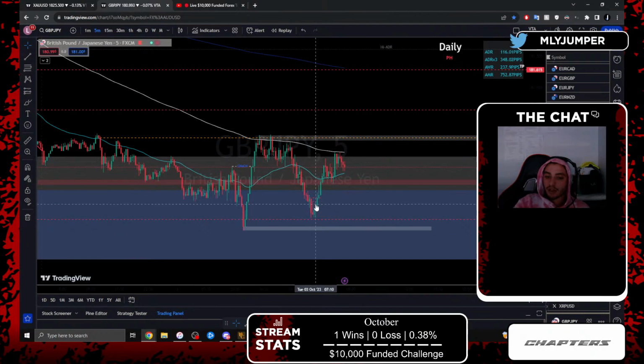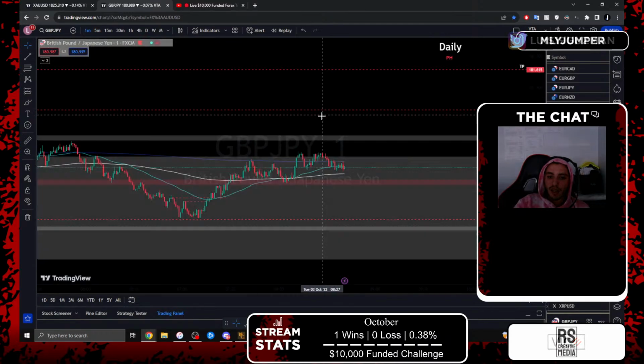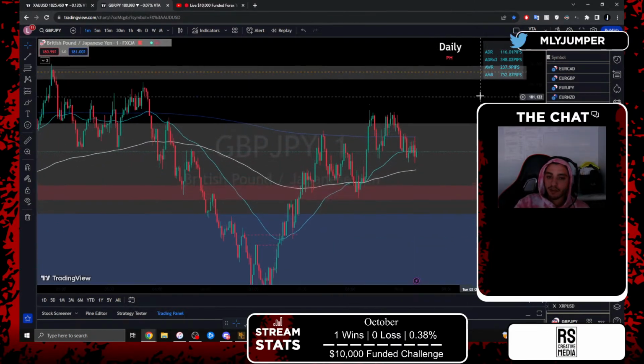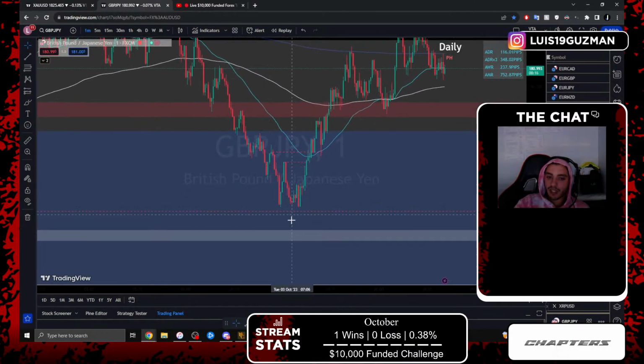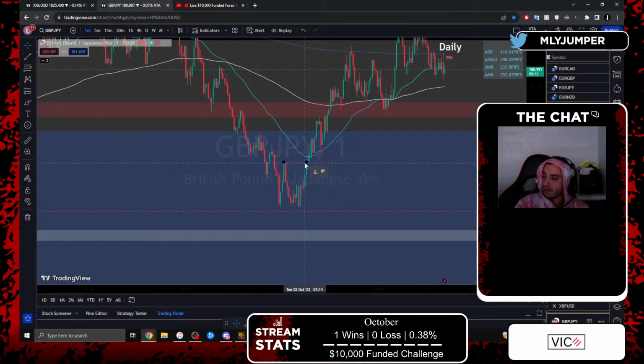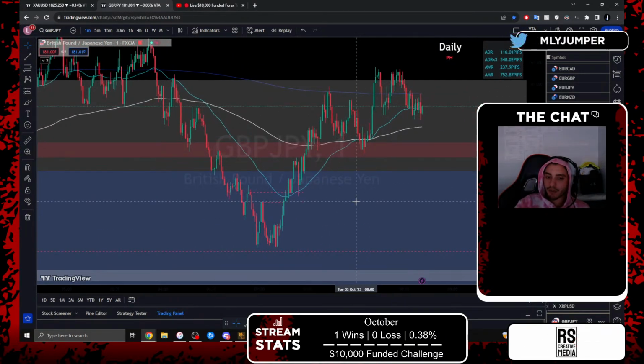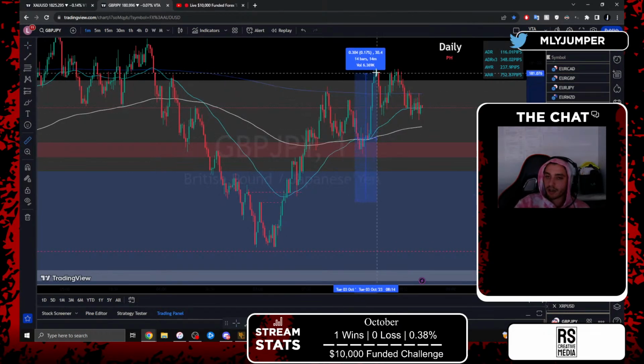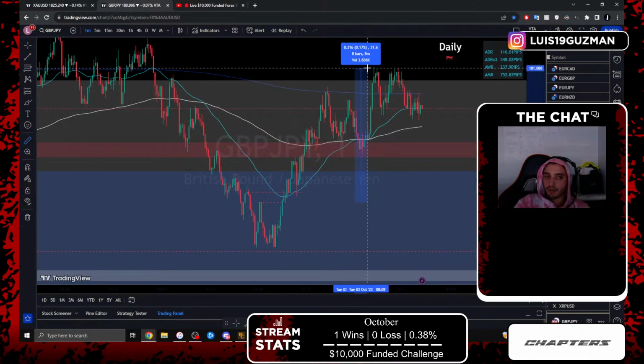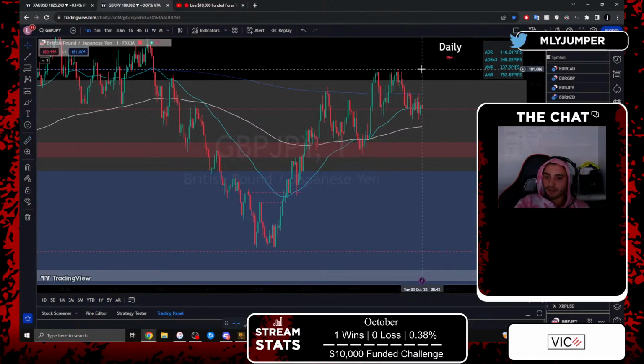If price would have reached our zone down here, and now we're in the 1 minute time frame, if it would have made this move down here, I would have taken this trade. That would have been my entry, right? Lower low, lower high, change of character, that would have been my entry, and that's it. I would have just held, and we would have already been up. I would have already been out of the trade, to be honest. Would have been up 30 pips already, right?